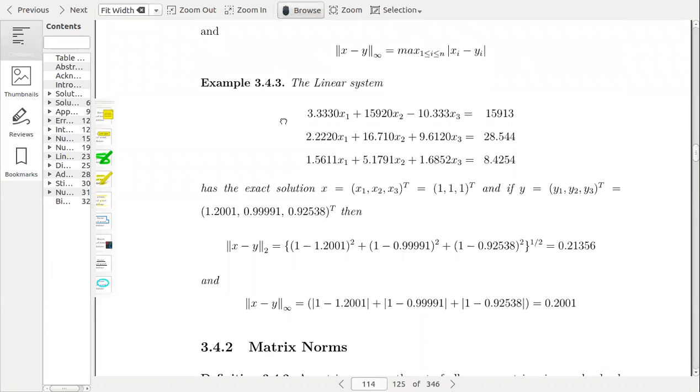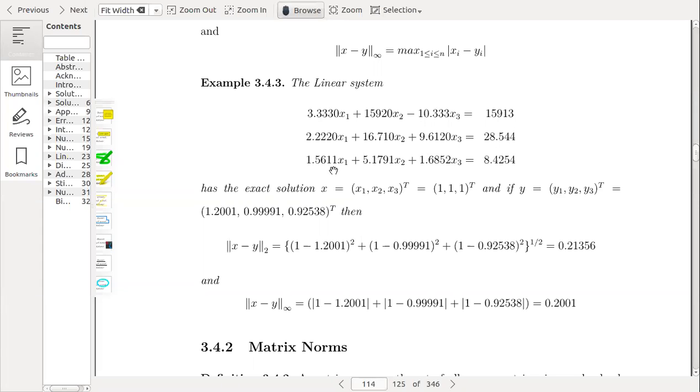So here is an example, the linear system: 3.3330x1 plus 15920x2 minus 10.333x3 is equal to 15913, and the second one is 2.2220x1 plus 16.710x2 plus 9.6120x3 is equal to 28.544.